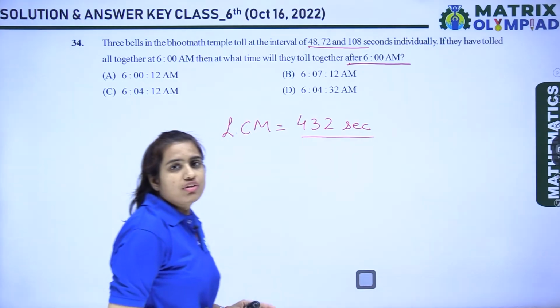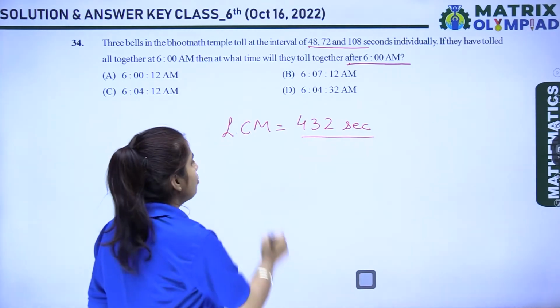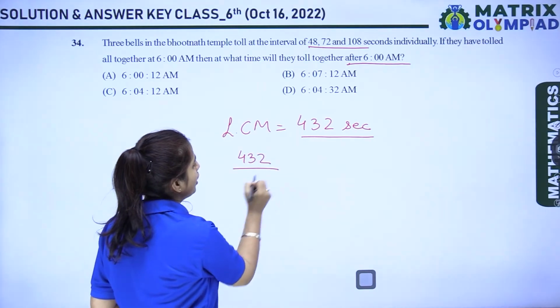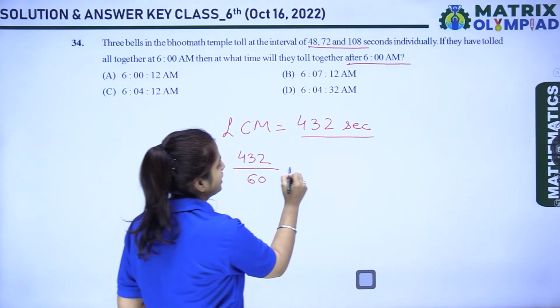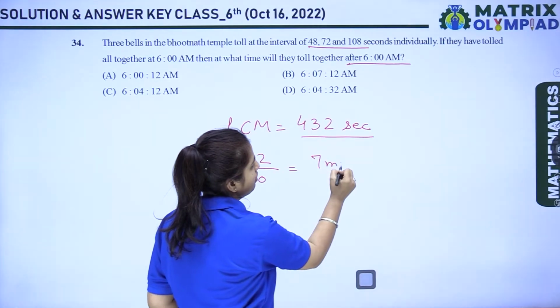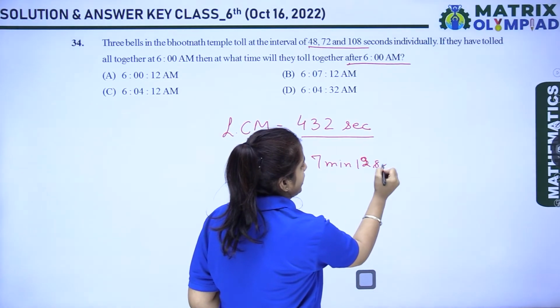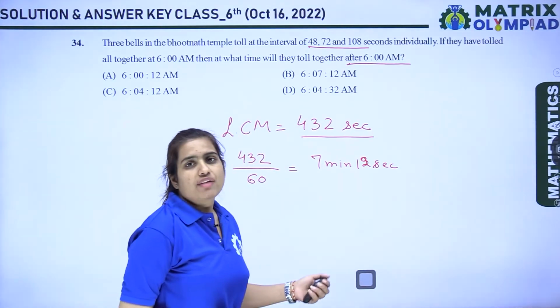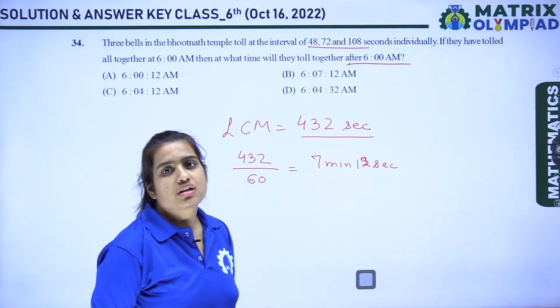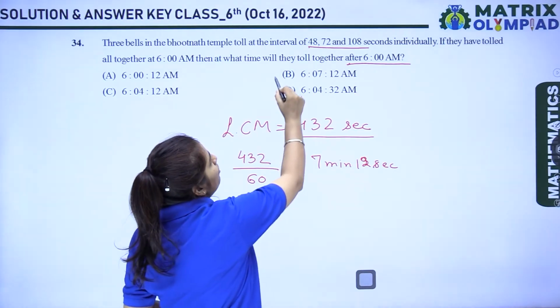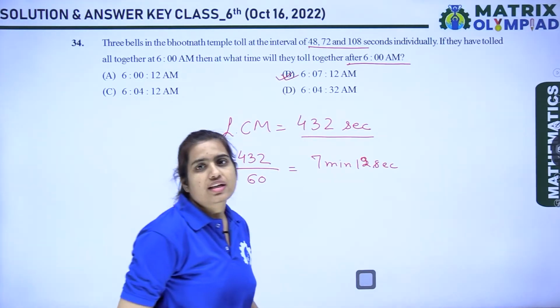Now we have to convert these 432 seconds into minutes and seconds, so we divide 432 seconds by 60. We get 7 minutes 12 seconds. Now we simply add this 7 minutes 12 seconds to the given time. So we get option B as the correct answer.